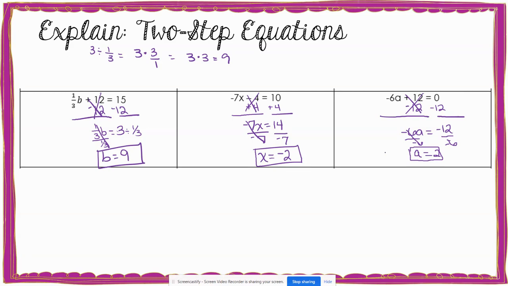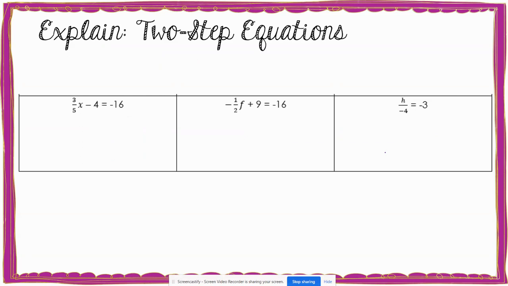Now I want you to complete the last row of problems. For 3/5 x minus 4 equals negative 16, we would add 4 on both sides first. These would cancel to leave us with 3/5 x equals, and then negative 16 plus 4 is negative 12.